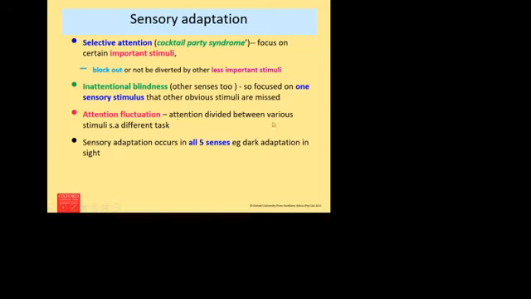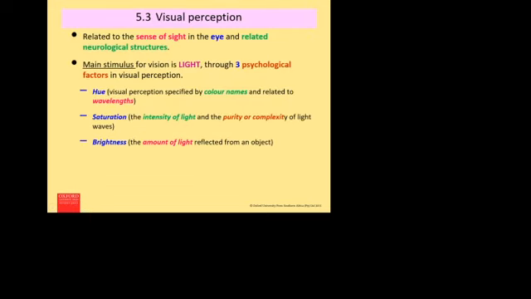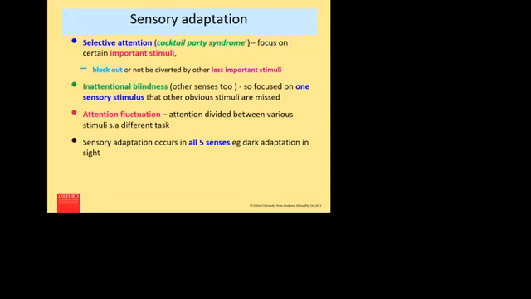The other one is attention fluctuation, where attention is divided between various stimuli or different tasks. I don't have an example here, but basically, if you have been given many tasks to do, your attention fluctuates from one task to the other.